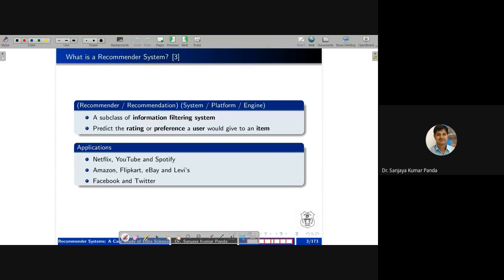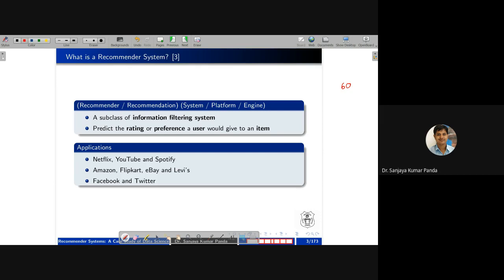Now, I especially want to highlight the definition of a recommendation system. It is a subclass of information filtering system. A class means, let's say, in our theory class, if you consider a classroom with 60 students, and you want to know the feedback of your class, whether you have delivered well or not, then you have to take the feedback of the 60 students.